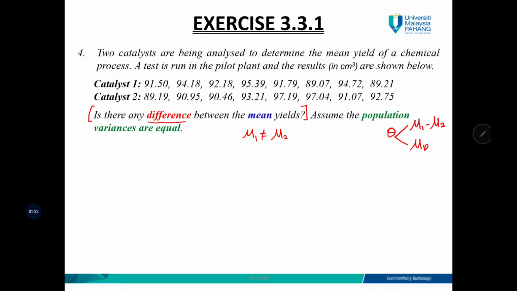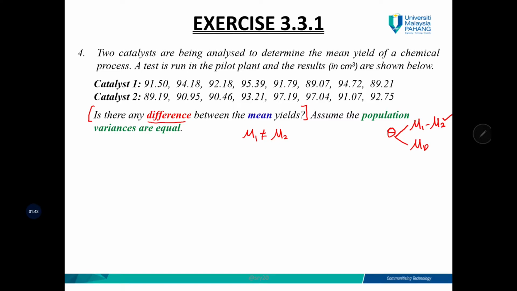To check it, we can look at the data set given here. The subjects for the data of catalyst 1 and catalyst 2 are independent of each other. There is no relationship between the subjects in each catalyst. So for this case, it is under independent sample.